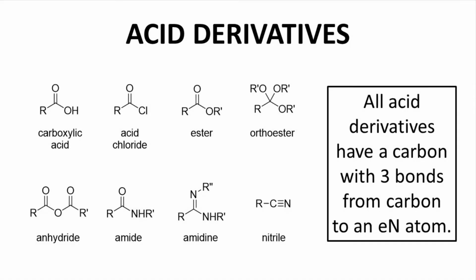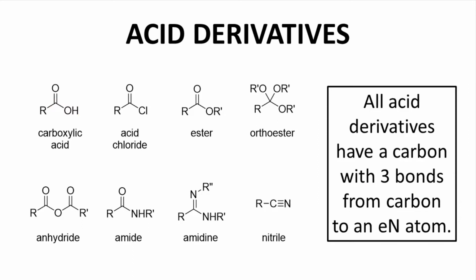The focus of the reaction in this video is conversion of one acid derivative to another. On the screen, we have examples of many of the most common acid derivative functional groups. All acid derivatives include a carbon atom that has 3 bonds to a more electronegative atom. Very often, acid derivatives include a carbon as part of a carbonyl, and then a single bond to an additional electronegative atom.